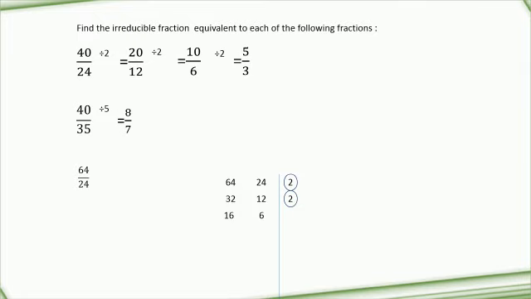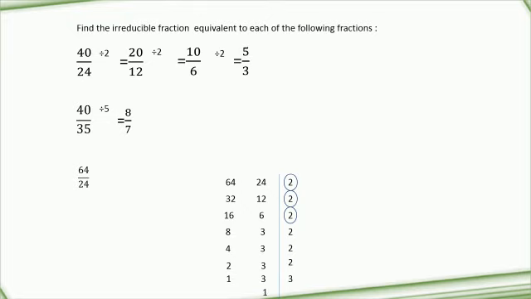So we circle 2. Then we have 16 and 6, which can be divided by 2. So 16 divided by 2 is equal to 8, and 6 divided by 2 is equal to 3. So 8 divided by 2 is equal to 4, and 3 cannot be divided by 2. Then 4 divided by 2 is equal to 2, and 3 stays 3. Then 2 divided by 2 is equal to 1.